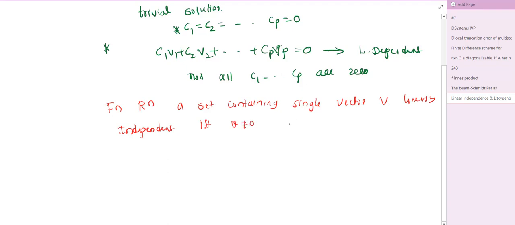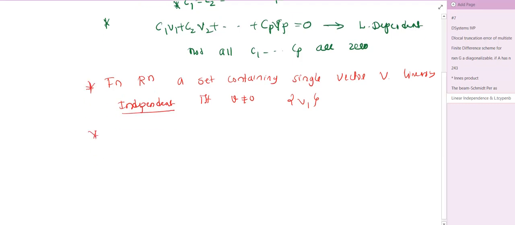So if there is a collection of vectors where only one vector is there, this is linearly independent only when this vector V1 is not equal to 0. Now we're trying to understand the meaning of linear independence. If there is only a single vector which is not equal to 0, then it is always linearly independent. Now this is one note.